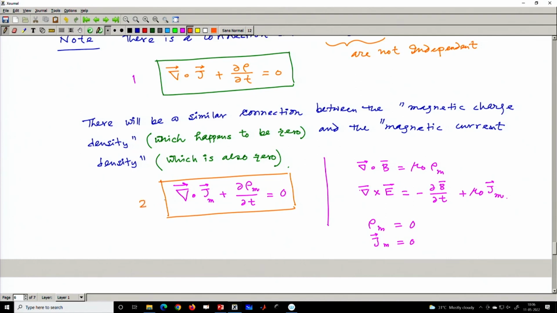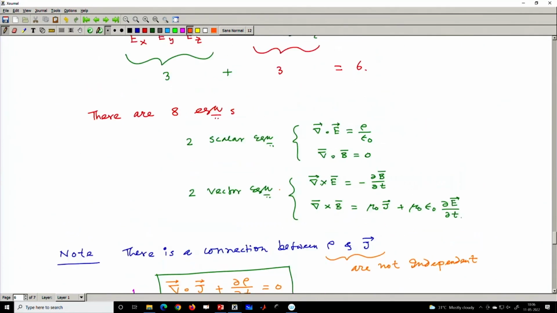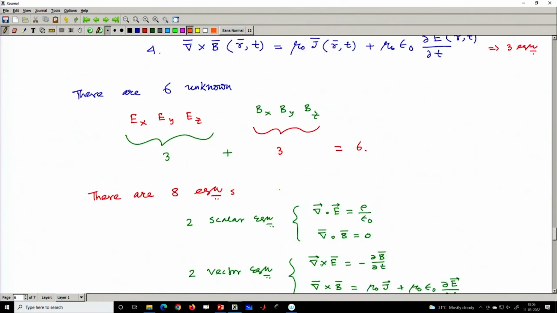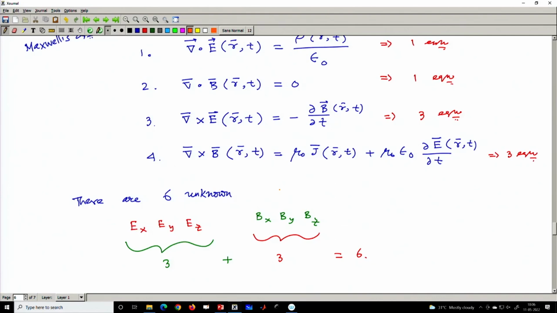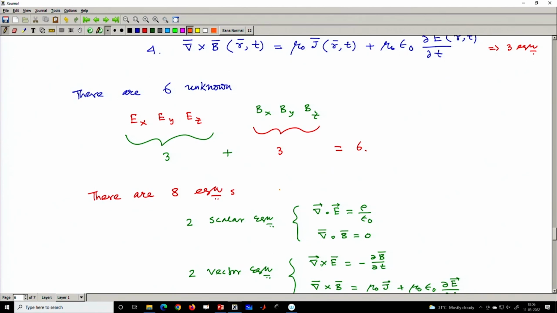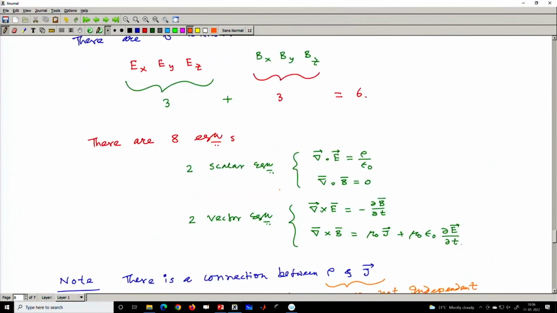That basically makes the total number of unknown variables equal to the total number of equations from these 8 equations. So, we had 8 equations, but if I remove the 2 constants, then we should have 8 equations in our hand.